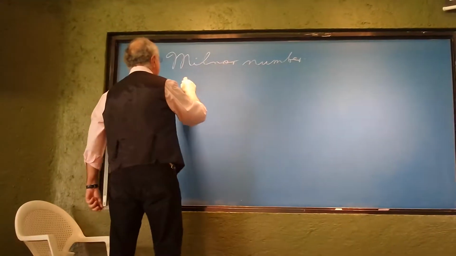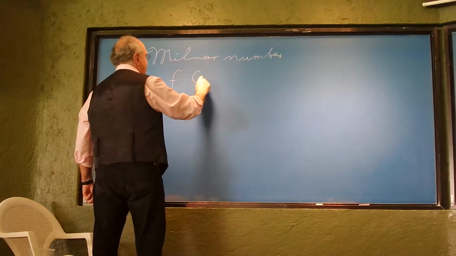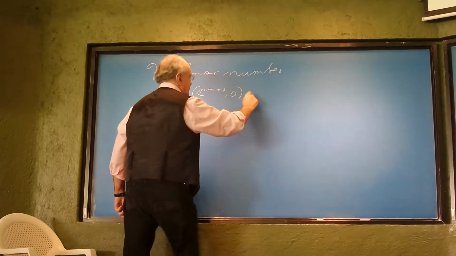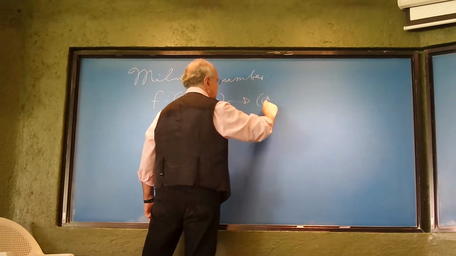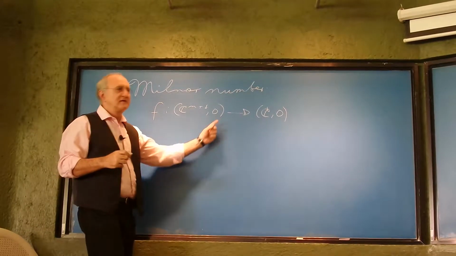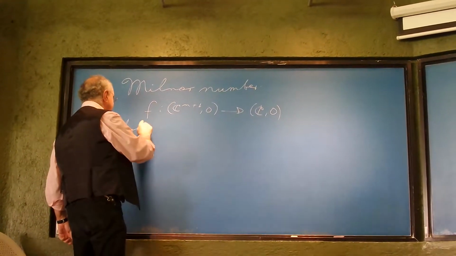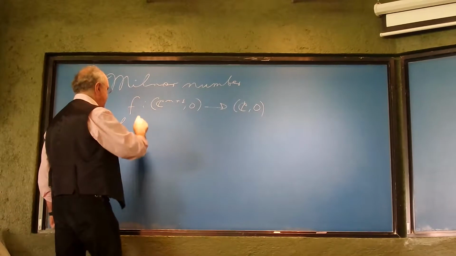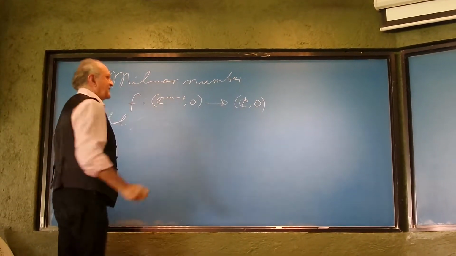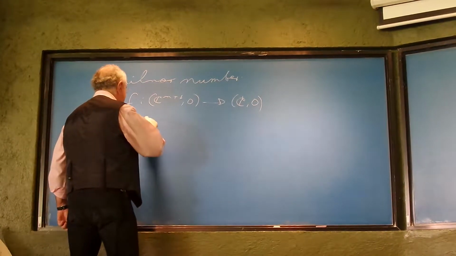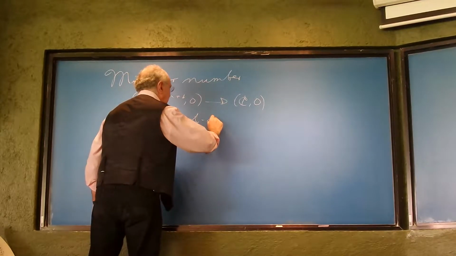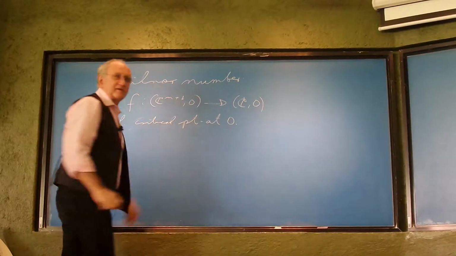So we can consider f from C^(n+1), in fact, I only need it defined in a neighborhood of the origin. It's a holomorphic function with an isolated critical point at the origin.